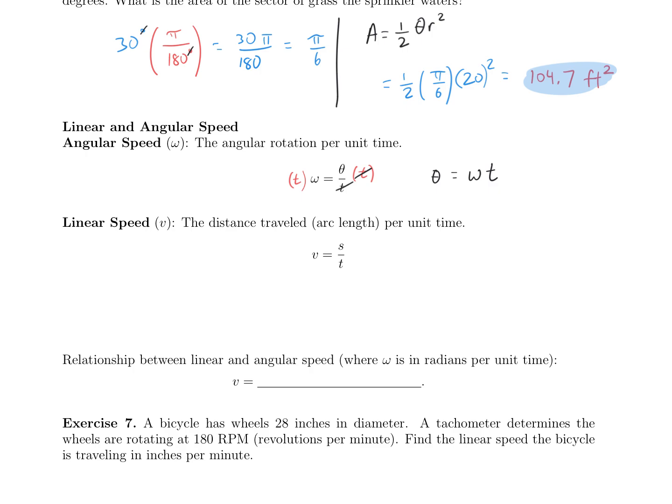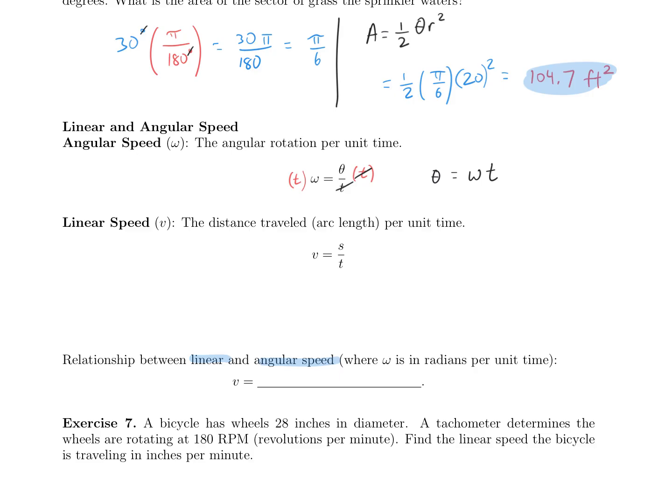So that's angular speed. Linear speed uses the notation v for velocity, the distance traveled, the arc length per unit time. We're going to use these two formulas to come up with the relationship between linear and angular speed. Omega is the angular speed, and v is the linear speed.